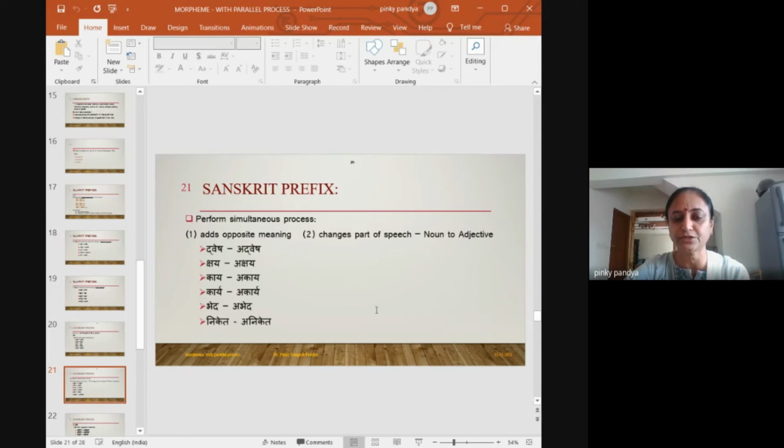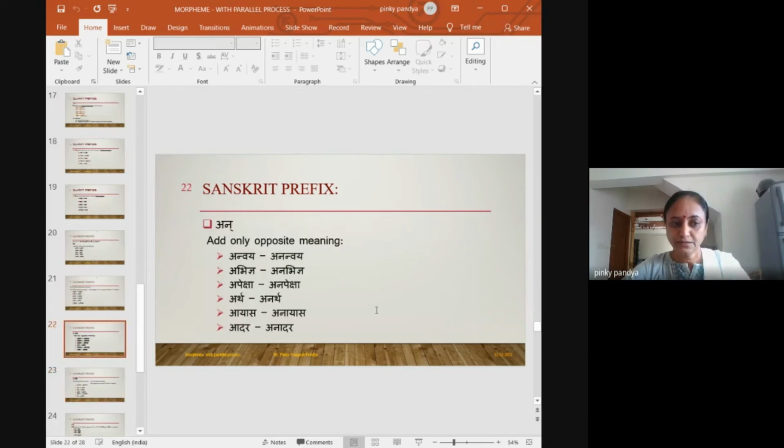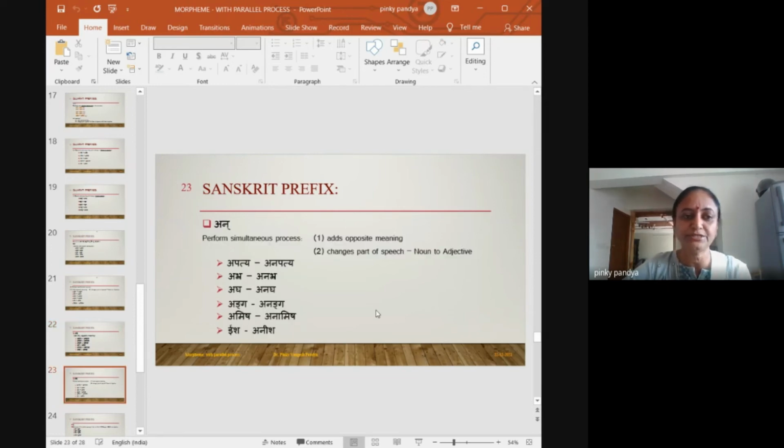Kshaya is a noun but akshaya is an adjective, and it adds the sense of opposite or antonym too. Then an: anvaya, ananvaya, abhignya, anabhignya, apeksha, anapeksha. Only meaning changes here, but in this group again it performs a simultaneous process, adding opposite meaning and changing the part of speech from noun to adjective. Abhra, anabhra, anga, ananga.